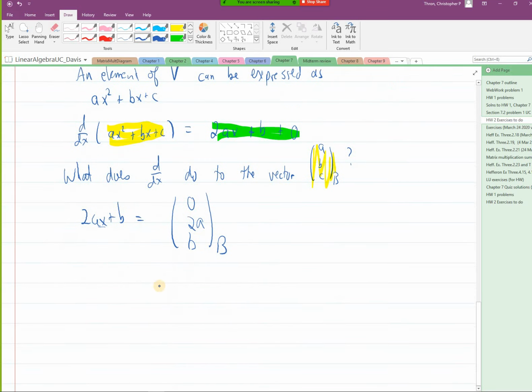Okay. So what we're saying is that d/dx maps the vector a, b, c to the vector 0, 2a, b, like this. So now all we have to do is find the matrix for this.